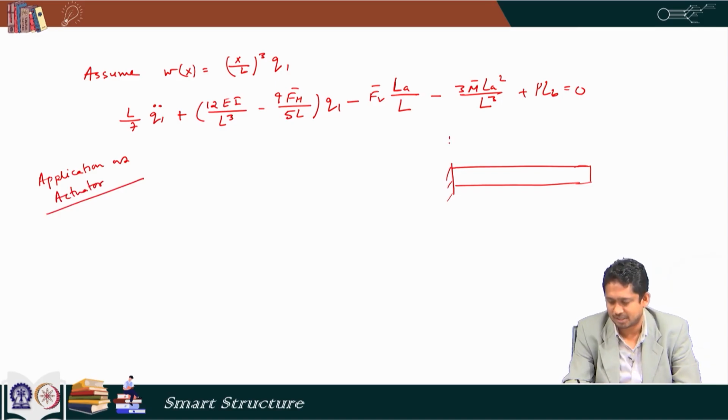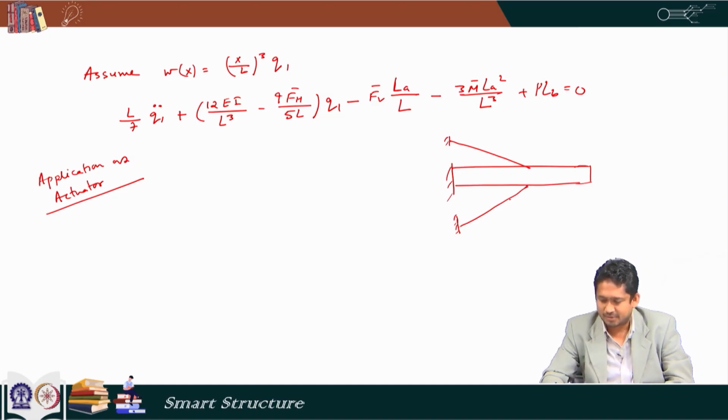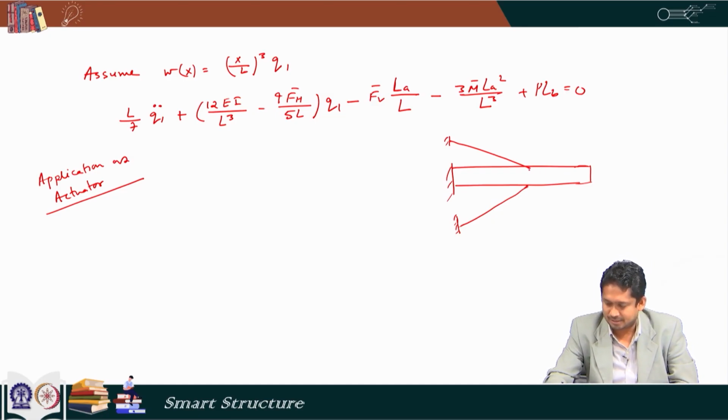For the same problem, if we put the shape memory alloys in the same configuration as actuators, let us assume that both the wires are in the Martensite phase, with some permanent deformation.